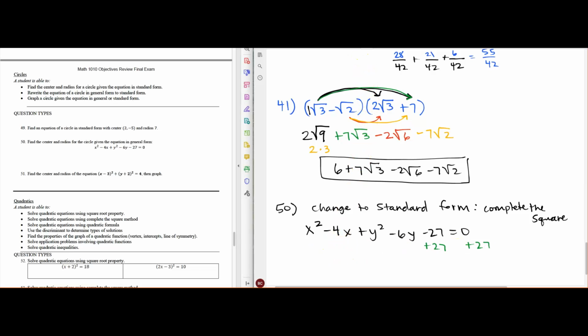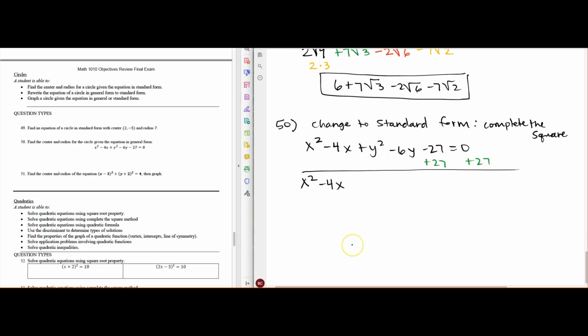That gives me x squared minus 4x, and I'll put in blanks that I'll fill in with my complete the square. So put these x's together, plus blank, and then plus y squared minus 6y plus blank.